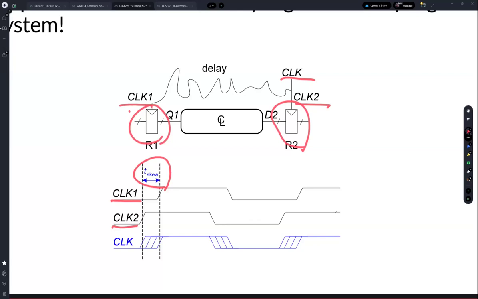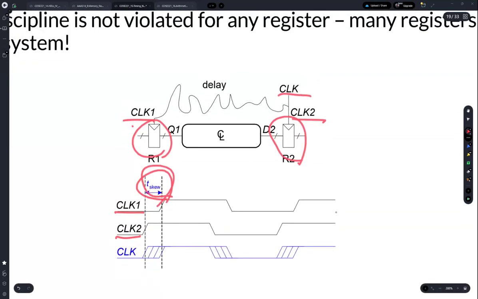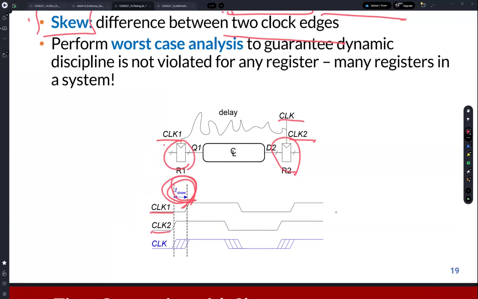We can define this clock skew, T skew, as the maximum difference between the clock timing. Okay, this clock skew difference is the worst case. So it's the maximum timing difference between clock edges. Okay, so this is the clock skew.